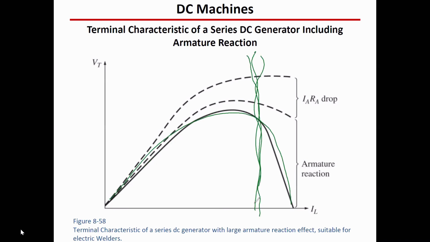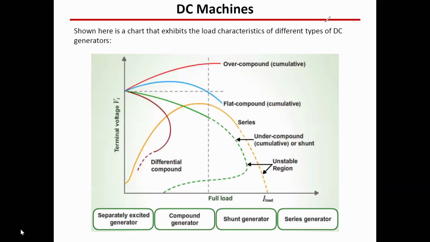What does that mean? It means that with more load current, you are reaching zero. So the slope is negative here. You are not increasing the voltage anymore. Actually, with more load current, you are decreasing the voltage you generate. So these are all the curves for all the generators.